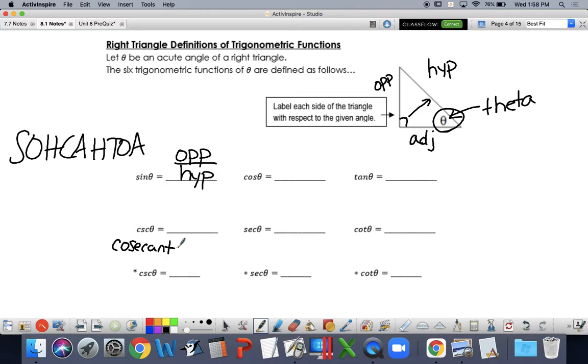So this is hypotenuse over opposite, or you can also think of it as 1 over the sine of theta. They mean the same thing, right? They're just reciprocals of each other. So these two are closely related, sine and cosecant. Cosine is adjacent over hypotenuse.